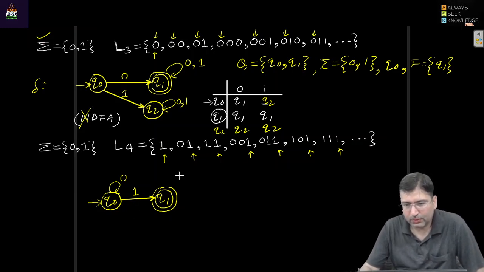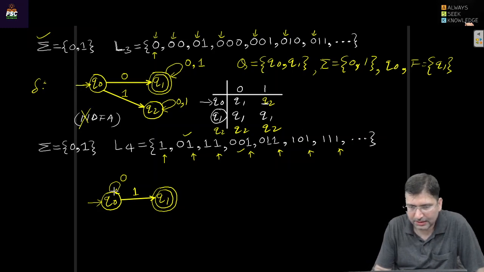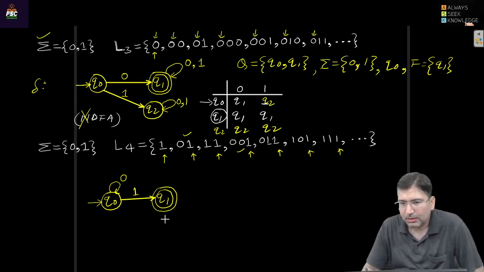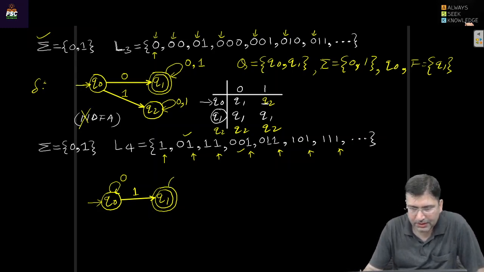Such kinds of strings can be accepted by this till now. But if after 1 there is another combination, let's say 0 comes or 1 comes, then what will happen? Because every string is ending with 1, I can put a loop of 1.